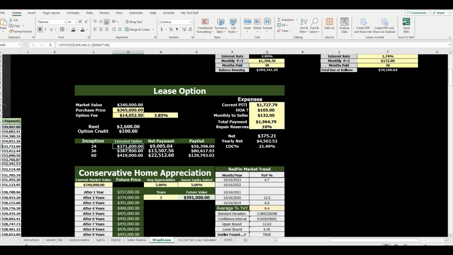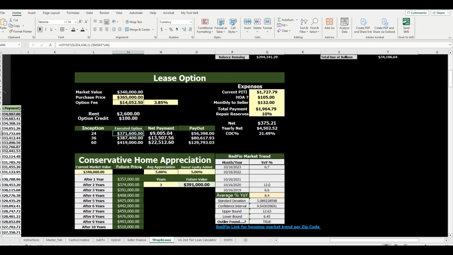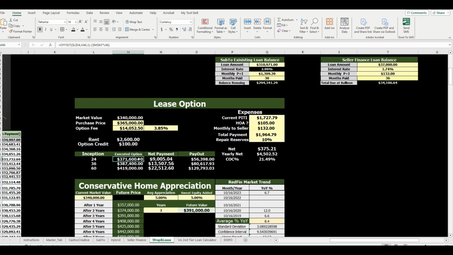So you'd be making a difference there. However, if the market value were to somehow skyrocket and climb to, let's say, maybe $390 in 2 years, and you had an executed option price of the $370, then you would be losing money. You'd be losing about $20,000 because the market value had increased higher than you had anticipated.